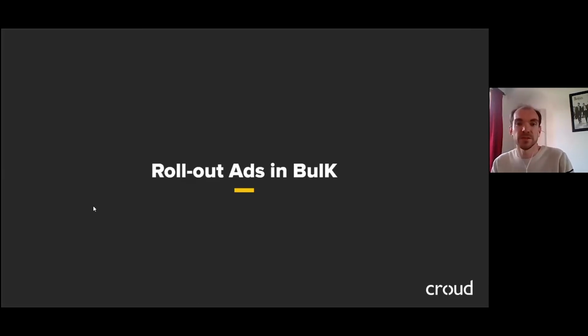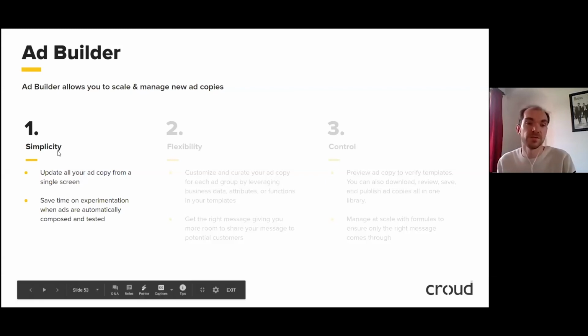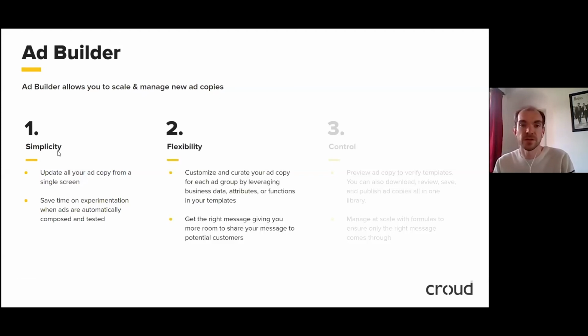The next feature that we're going to look at is the ad builder. The ad builder is a way for you to look at scale, how you want to create new ad copy. From one screen, you'll be able to create an ad template, leveraging several pieces of information, whether it's business data, some of the functions, or attributes, and then you can get the right message.